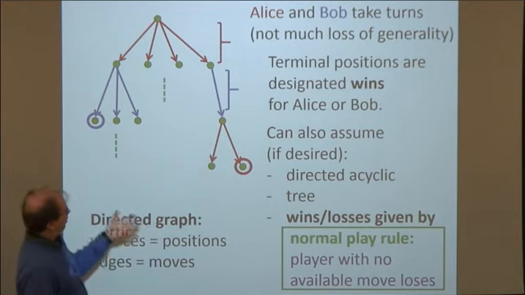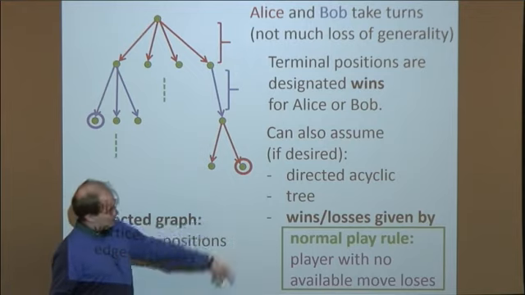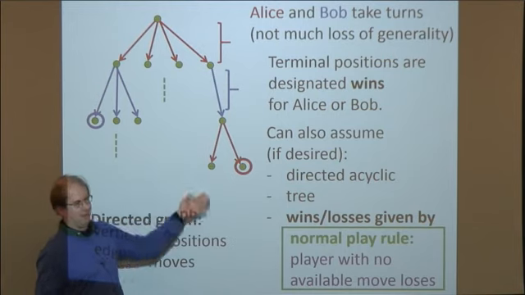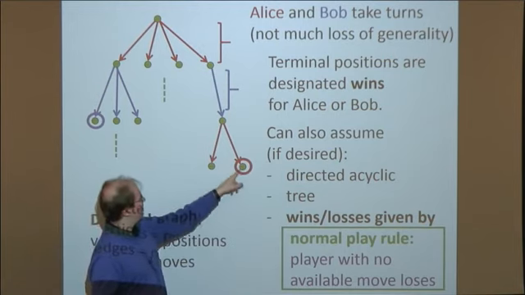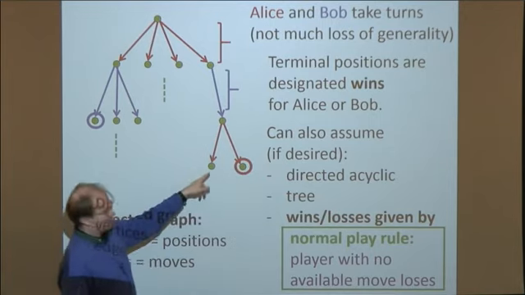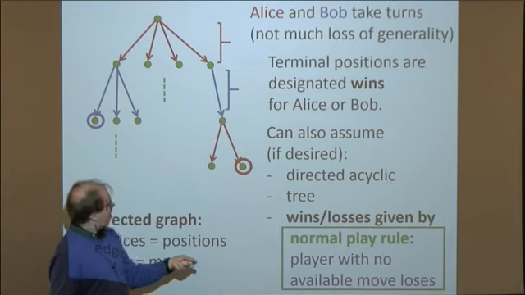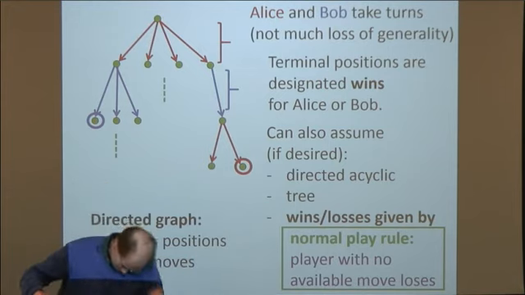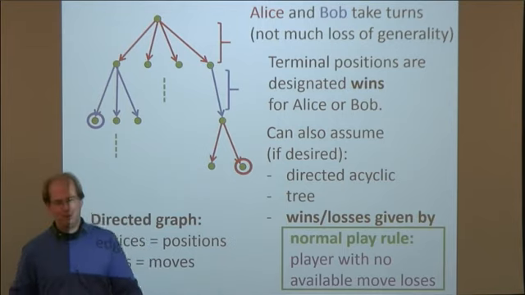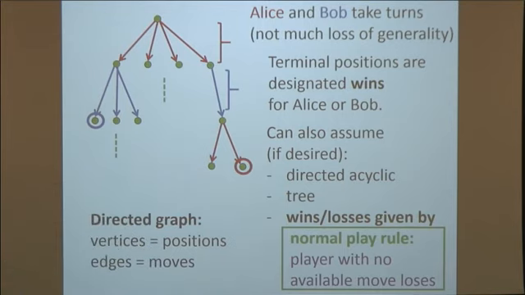Why is this without loss of generality? Because if you had a game that wasn't like that, then again you could just modify the graph. If it's Alice's turn, but it's a win for Alice, then you just give 1 extra move for Alice to make, and then Bob loses. So there's no real loss of generality. I'll assume this most of the time. It's kind of convenient.